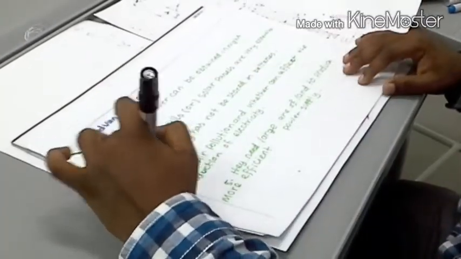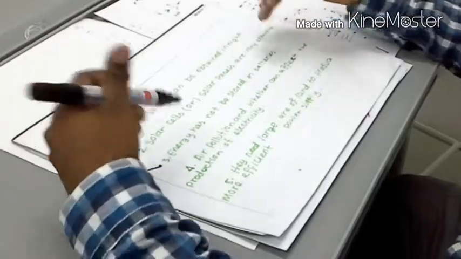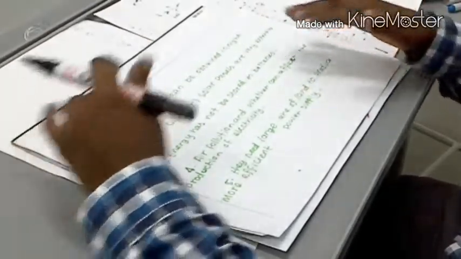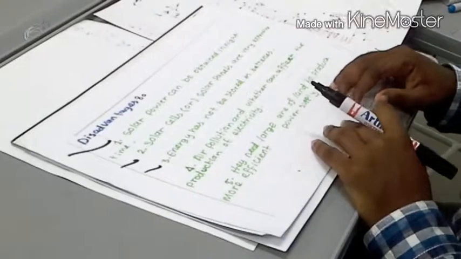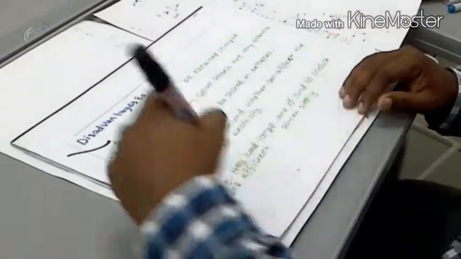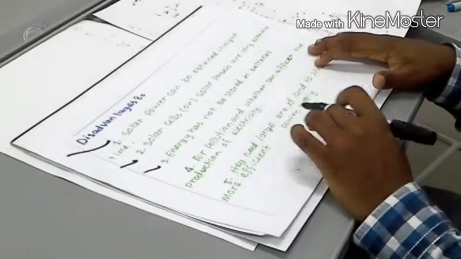The third point is that the energy has to be stored in batteries, because at night there is no sun, so we have to have a system that can save or store the energy. And the fourth, air pollution and weather can affect the production of electricity.